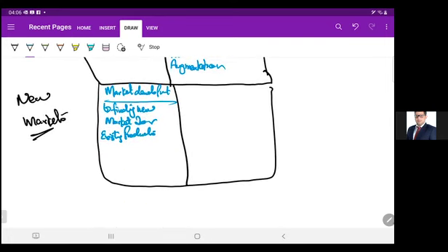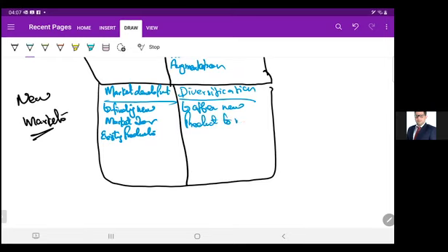And now, new market and new product. That means you have to do diversification. This involves moving away from existing core activities and offering a new product to a new customer.